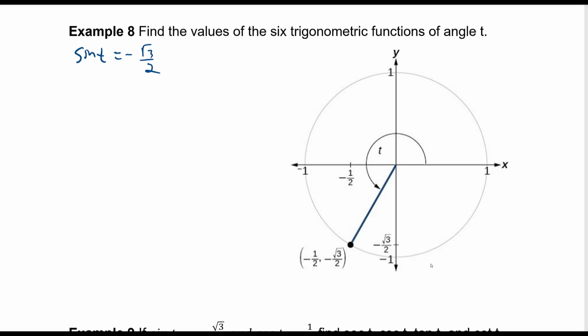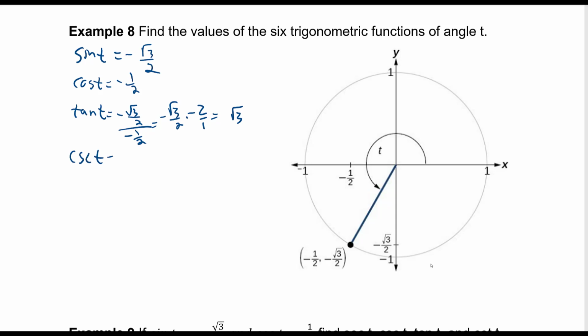Cosine t is going to be the x value, so negative 1/2. Tangent t is sine over cosine, so negative square root of 3 over 2 over negative 1/2. It's negative square root of 3 over 2 times negative 2 over 1, so it's going to be the square root of 3.